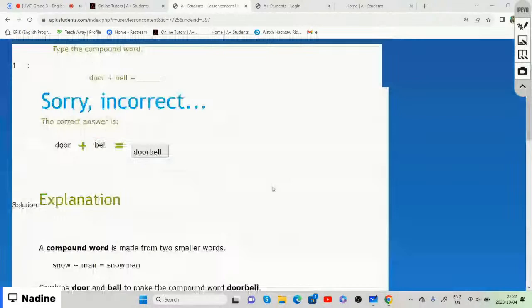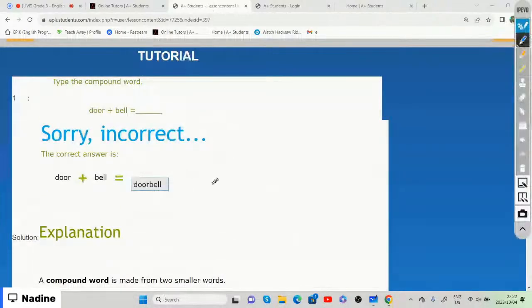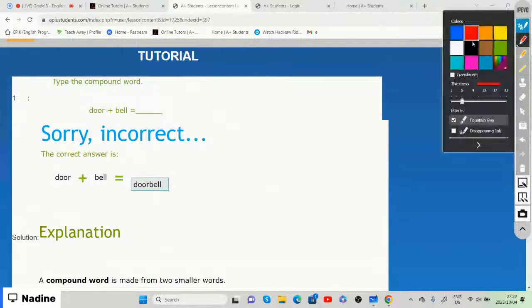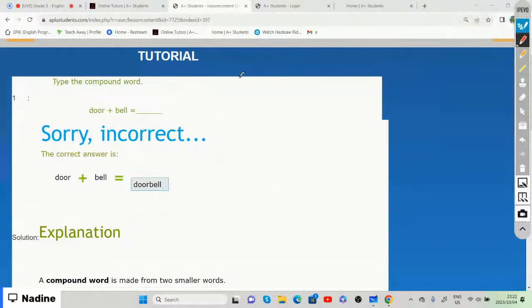For example, let's say spider plus man equals Spider-Man, right? Is there another compound word that you can think of? If we add the two smaller words together, then we can get a compound word. Can you think of any other compound words?